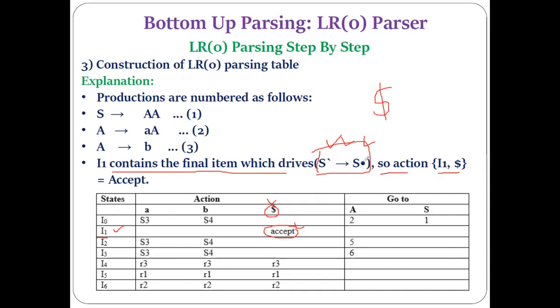Now the dot after the starting symbol indicates that the parser has seen everything. Now the parser can take the decision related to acceptance. So that is the reason below the $ you make the entry of accept. I1 contains the final item S dash derives S dot, so in the action column we make the entry for I1.